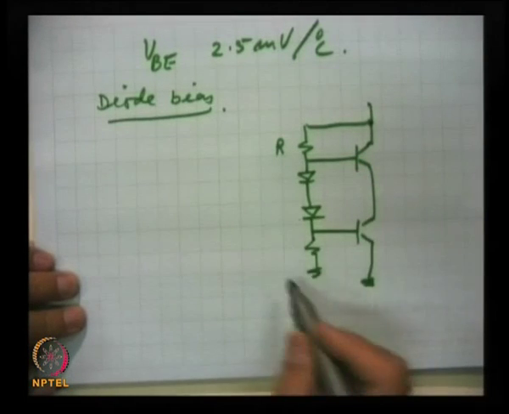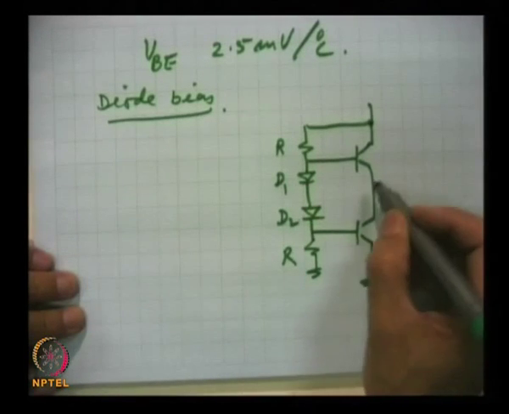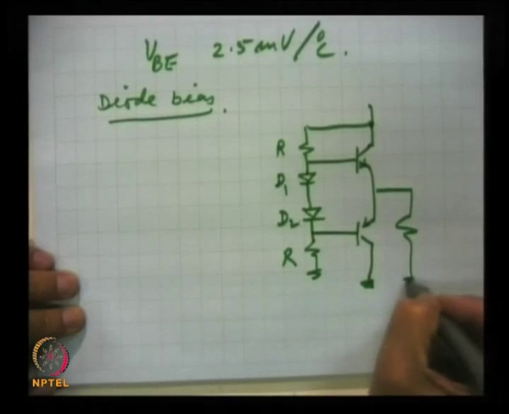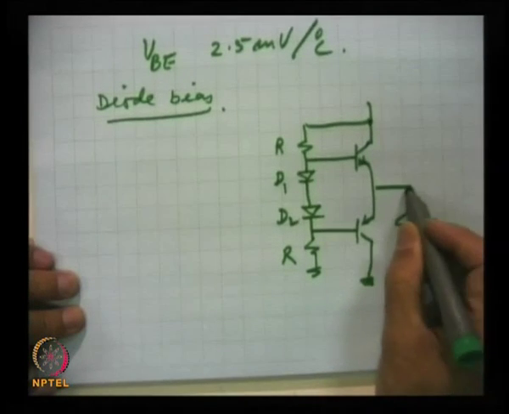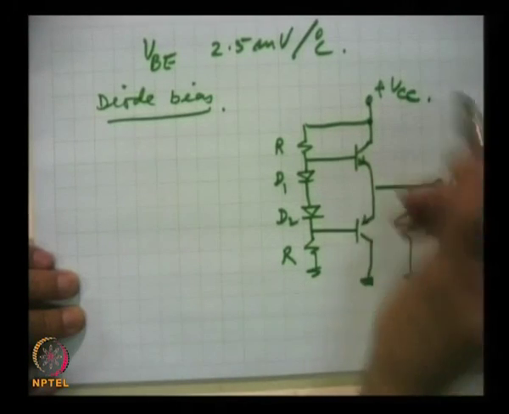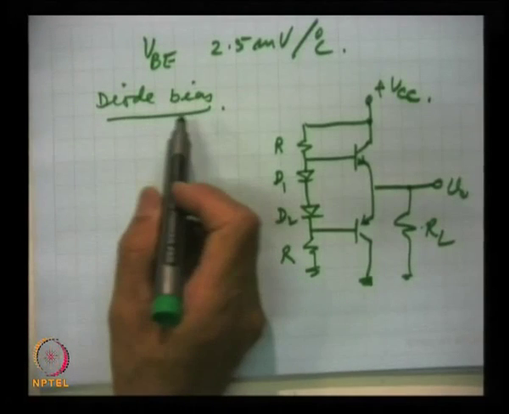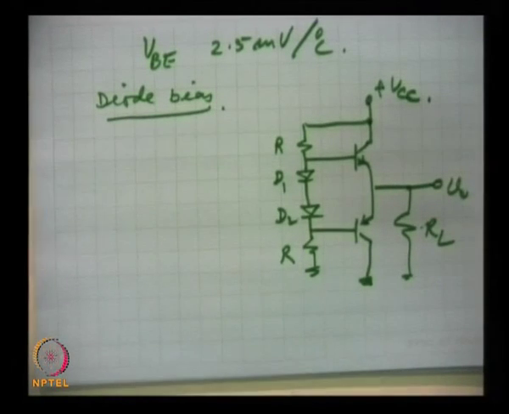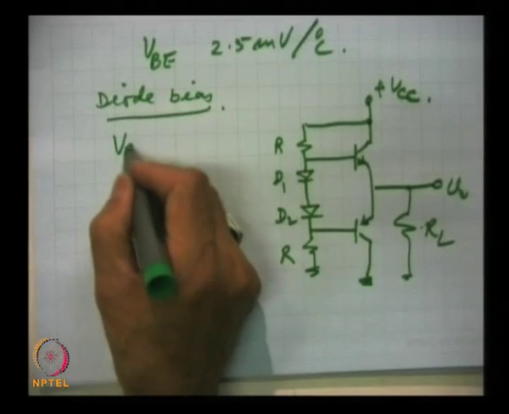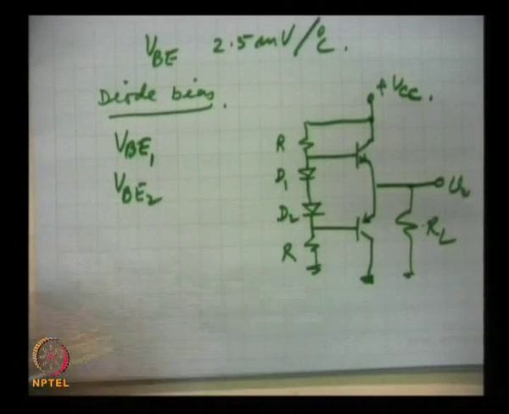So, this is R, this is R, this is diode 1, this is diode 2, and this is the common load, and we take the output here, this is plus VCC. This is the design of the diode bias. Any change of temperature will change VBE1 and also VBE2.